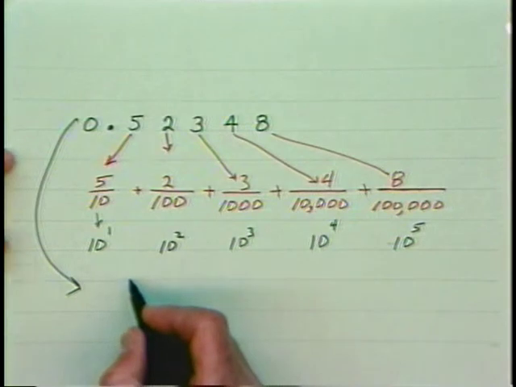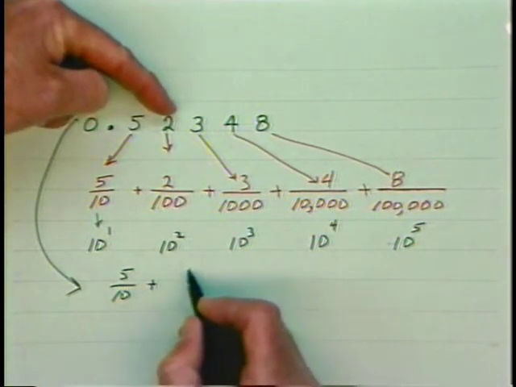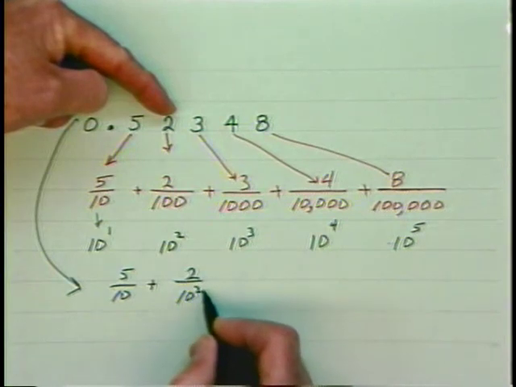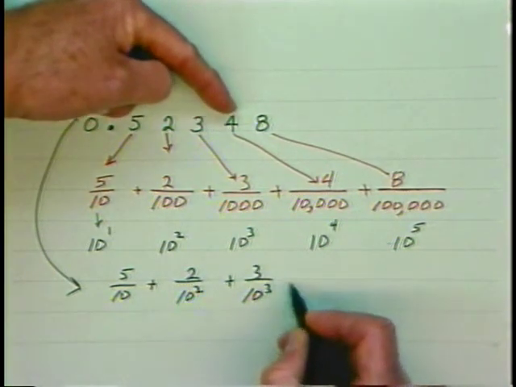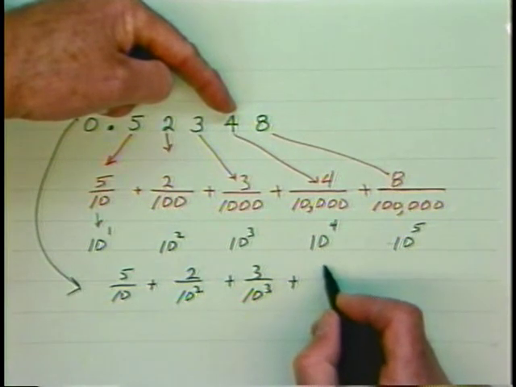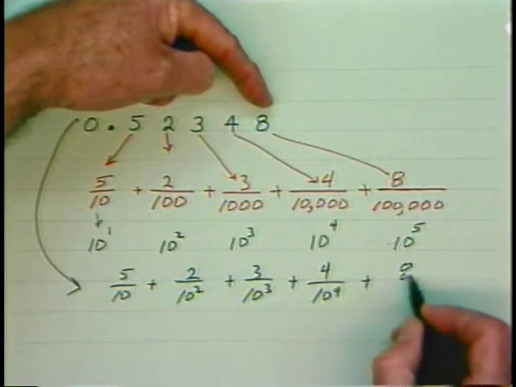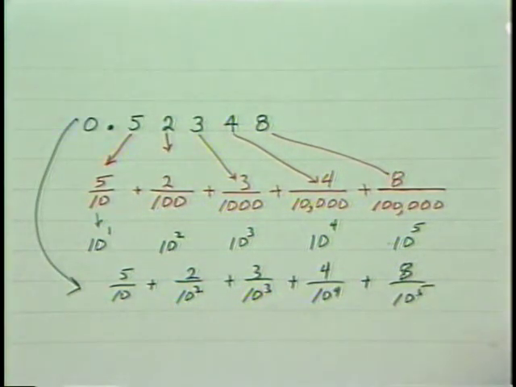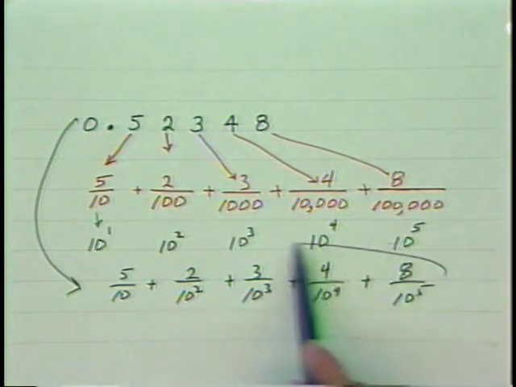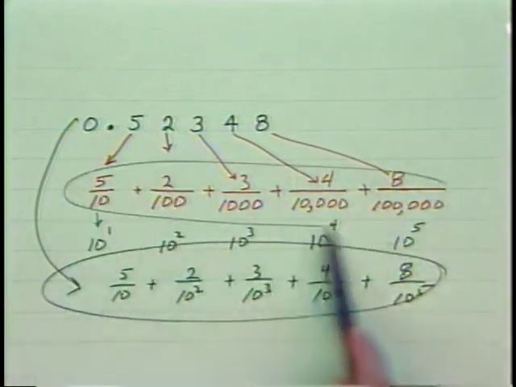Sometimes when we write this in expanded notation, you will do it using this kind of notation. You'll say 5 tenths plus 2 over 10 squared plus 3 over 10 cubed plus 4 over 10 to the fourth plus 8 over 10 to the fifth. In more advanced math, you will find that this will become a more convenient notation than this.